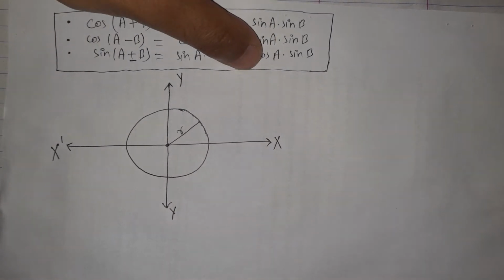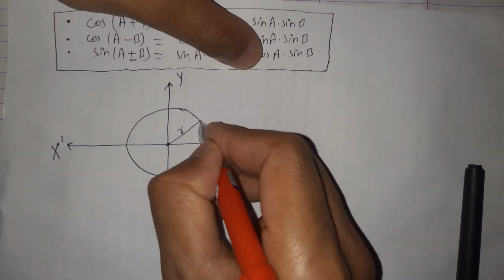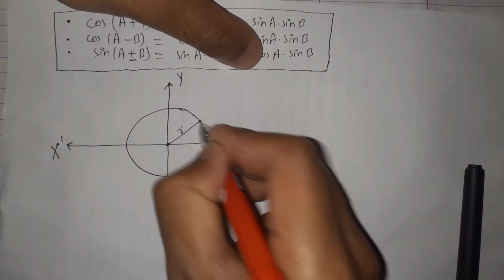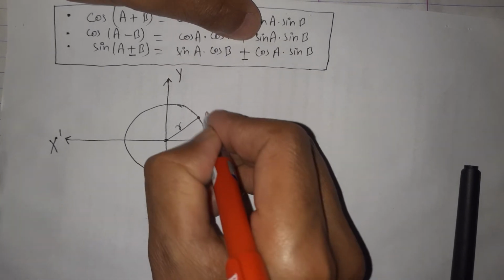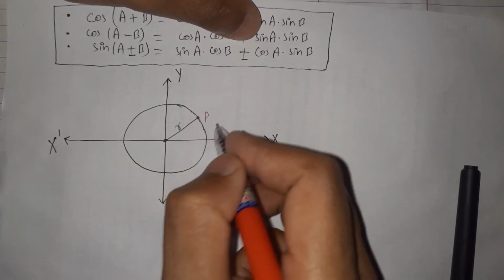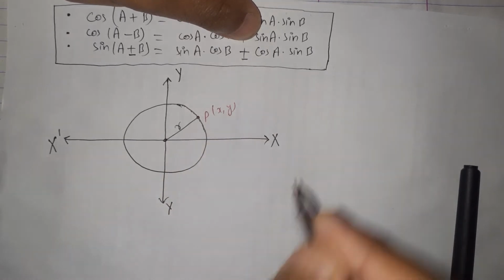Now taking a point on the circumference of the circle, let's say this point's name is P, and now writing its coordinate as x comma y.